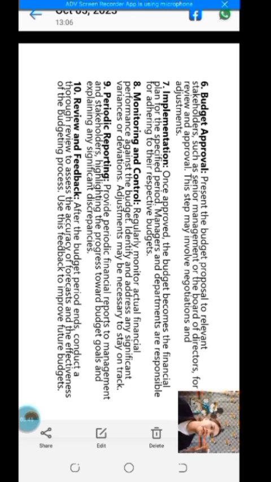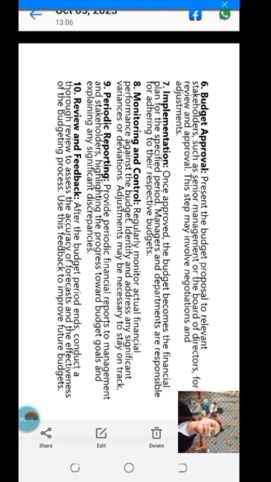For example, you cannot just create a budget without the approval of the seniors or the board of directors. You need to present the budget proposal before it is implemented. So in number 6, you need budget approval from your senior management or the board of directors.